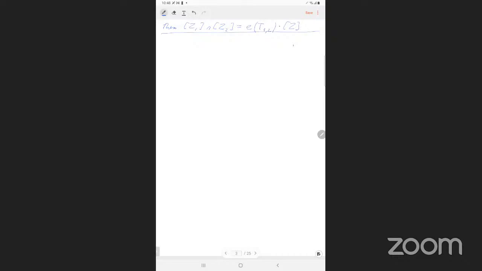Now finally I'm able to define the convolution in the Borel-Moore homology.